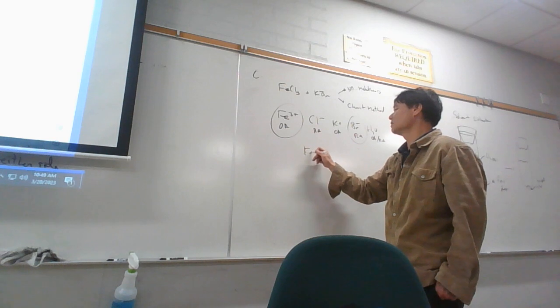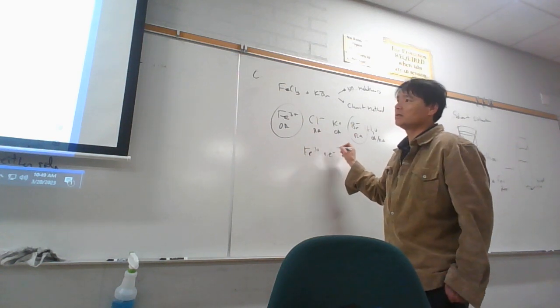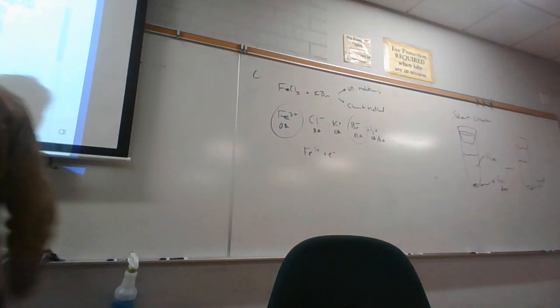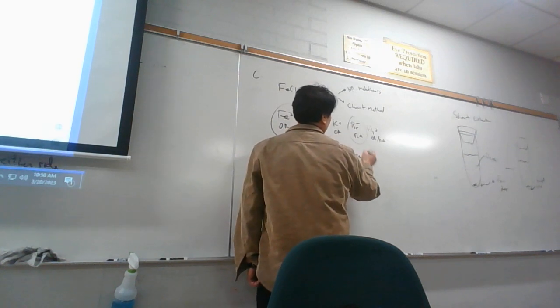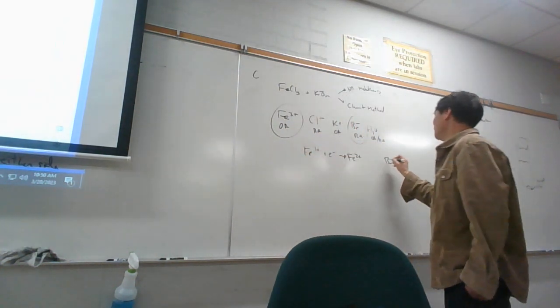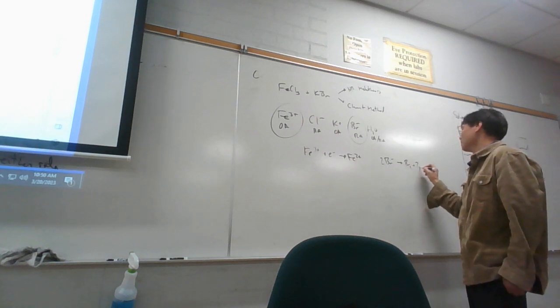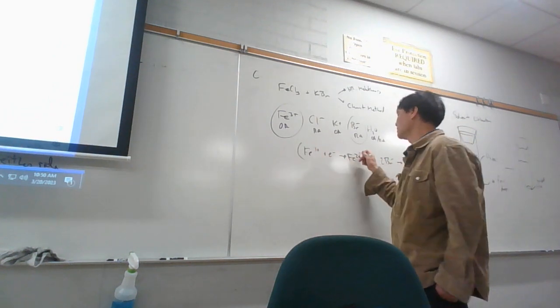So if a reaction is going to occur here, we're going to have iron 3 plus gain an electron. So we can just look here. Iron 3 plus gains an electron to form iron 2. Just copy it off the chart. And for bromide, we're going to have 2 bromides go to bromine plus 2 electrons. And then we add it. So we need to multiply the first reaction by 2.